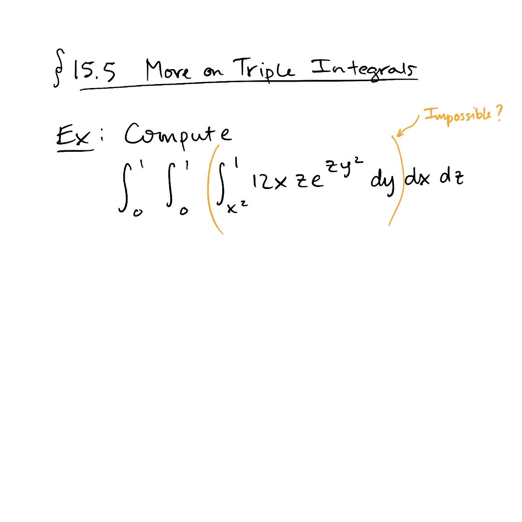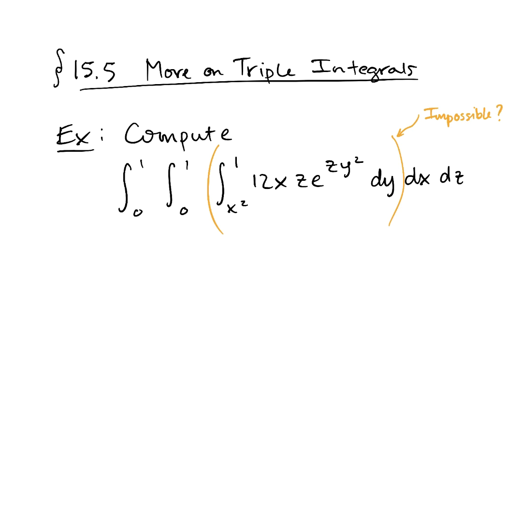Because I'm imagining if the inside integral were done, say, dx, then this would be no problem. Because all you got in there is x to the first, and then a bunch of stuff that's constant as far as x is concerned. So if the inside integral were dx, we'd be in business. But it's not, it's dy. So we have to switch it around.